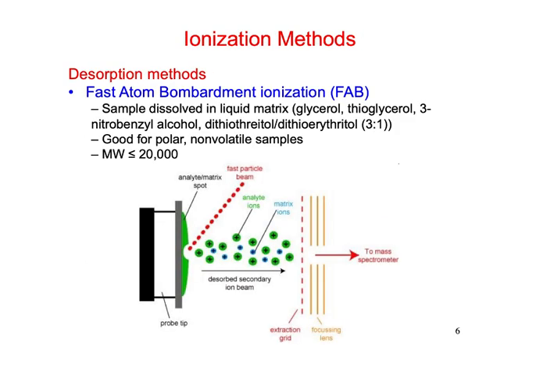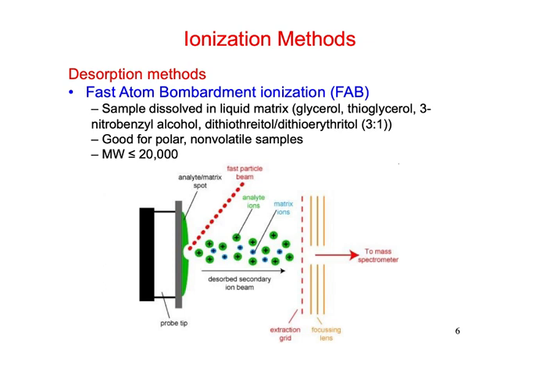All right, so FAB, or fast atom bombardment, this was another way that we used to use a lot for ionizing more polar samples. This one does not require a volatile sample at all, because we're not going to try to evaporate it.